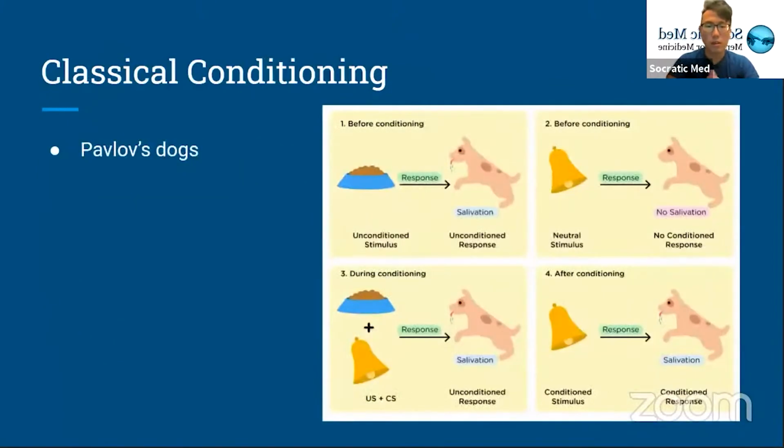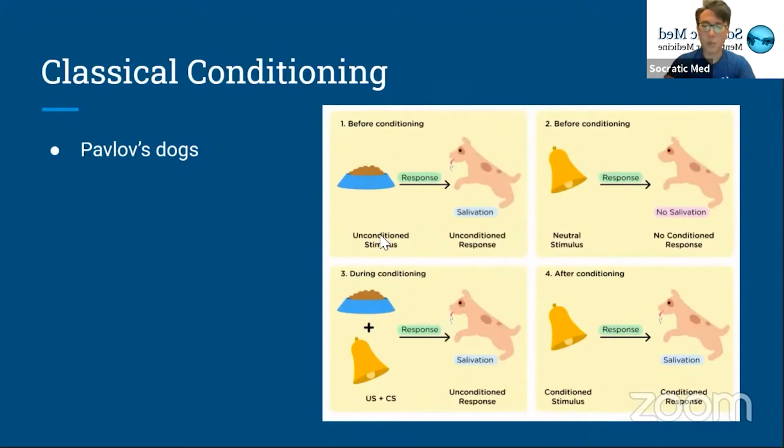Okay. So the classic example of classical conditioning is Pavlov's dog. Pavlov experimented with dogs. He noticed that if you place food in front of a dog, it would start salivating like we do too. So the food would be the unconditioned stimulus because the dog didn't have to learn to salivate when it sees food.